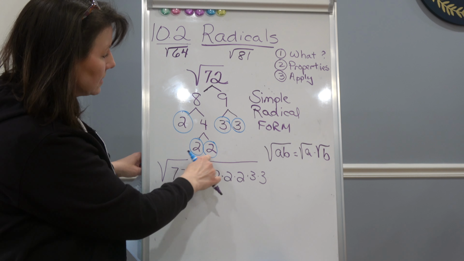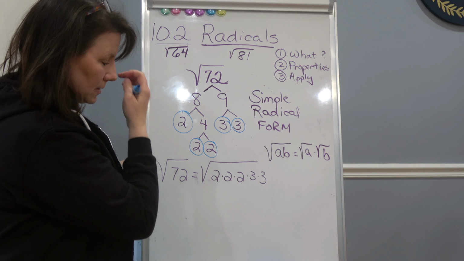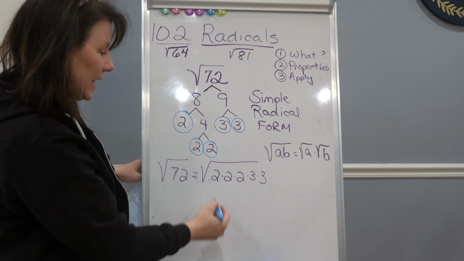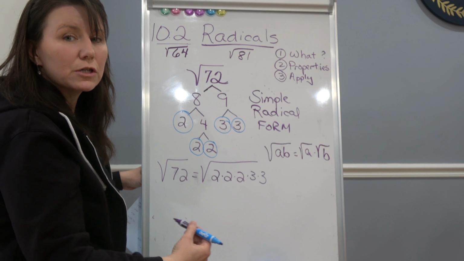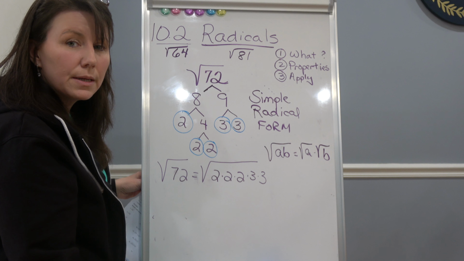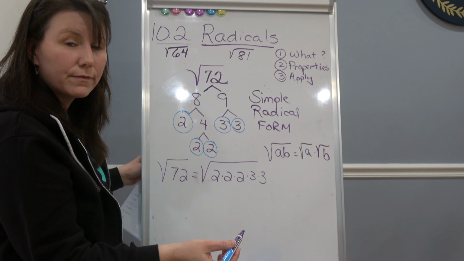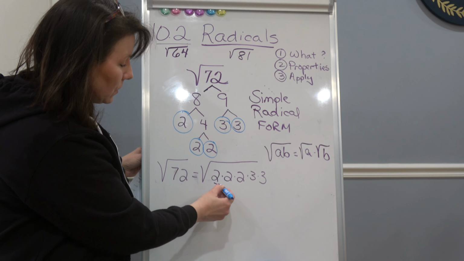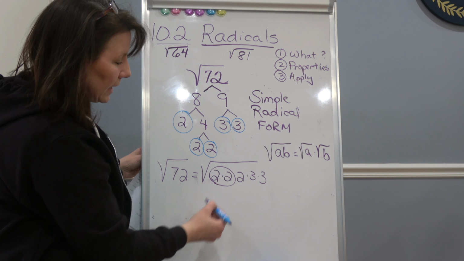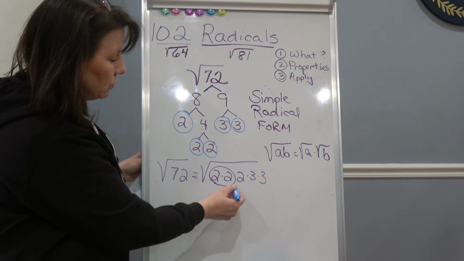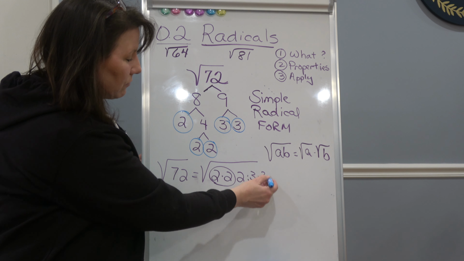So I've got these prime factors of 72, and that allows me to create perfect squares, because perfect squares are easy to take the square root of. So when I circle a pair of numbers, I'm creating a perfect square. So I've got a 2 times 2, and I've got a 3 times 3.